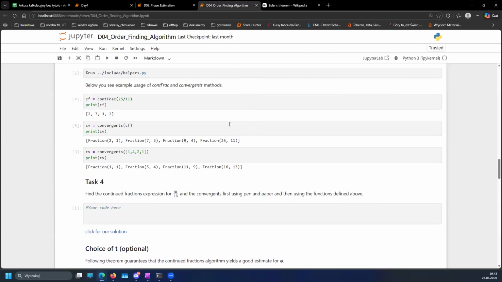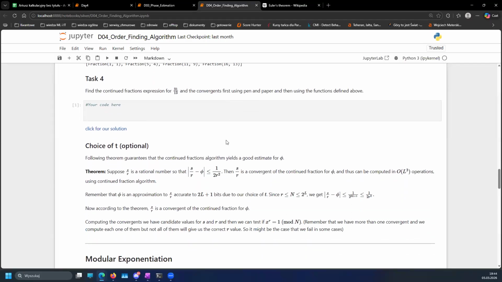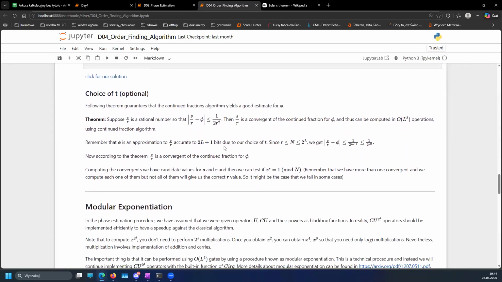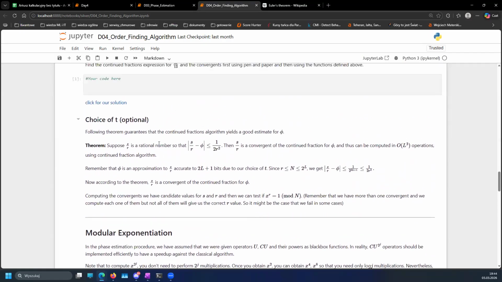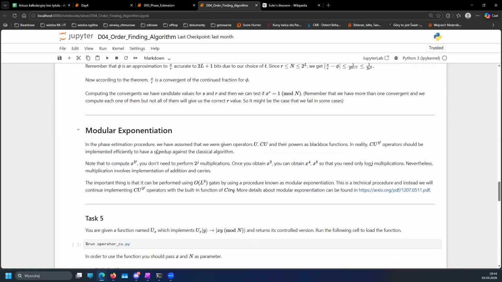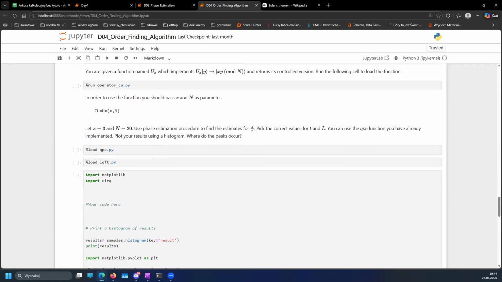So here you have some more theorems about how to choose a good T, so a good accuracy for QPE. And there was an interesting task that I want to show you.